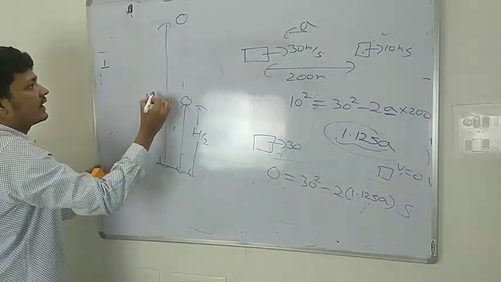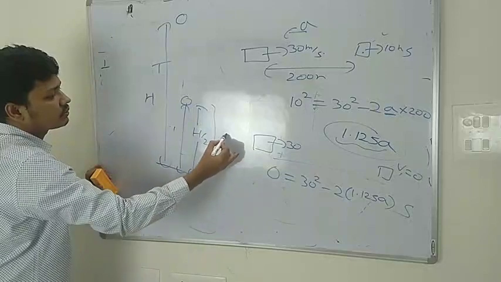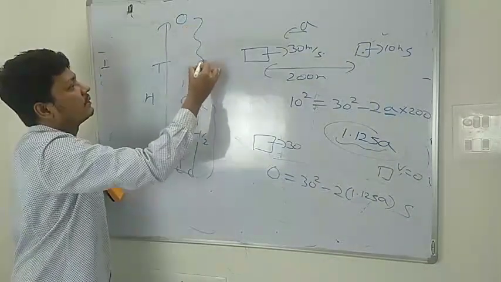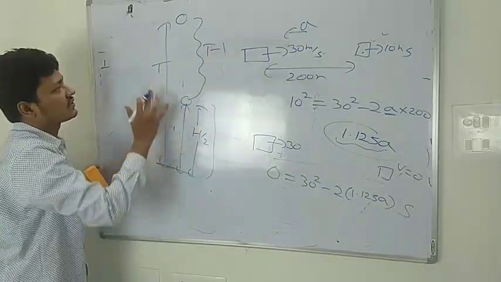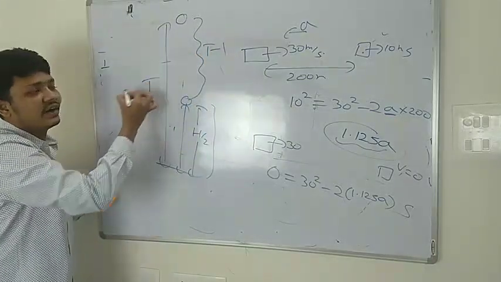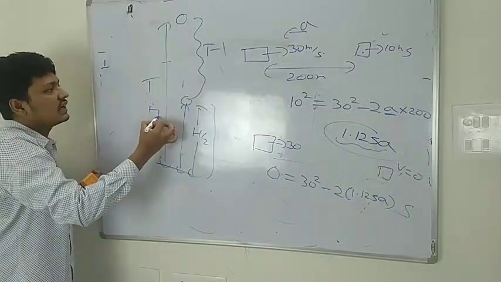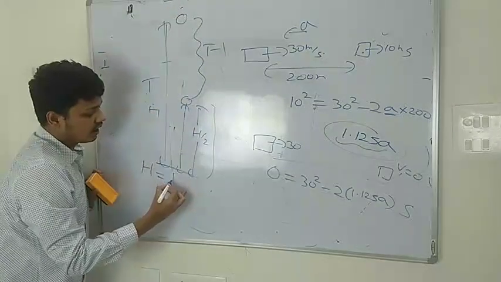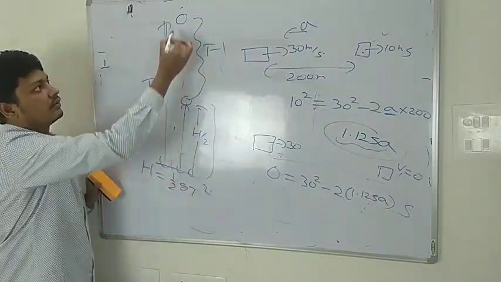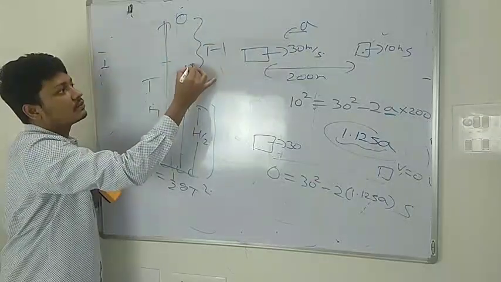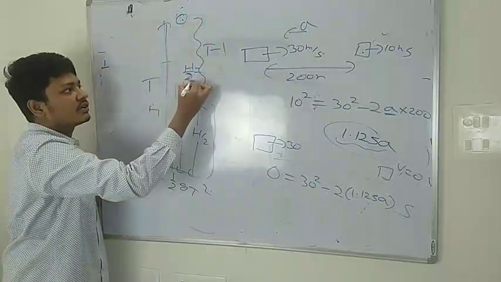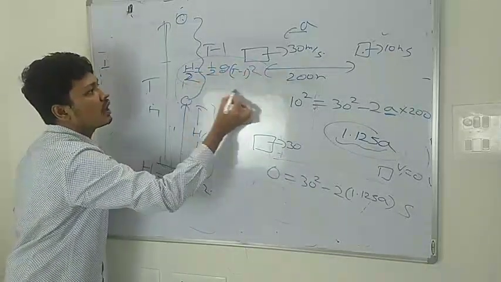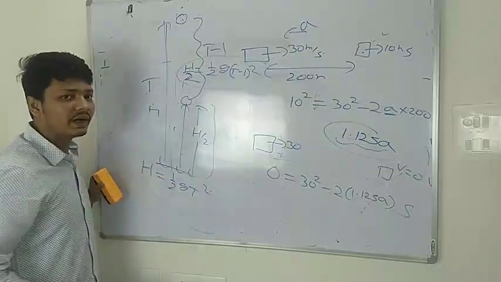Total time taken is t, and in the last second, it covers the path between t minus 1 second and t second. So the total distance covered h equals initial velocity 0 into t plus half g t square. For the distance h by 2, it equals 0 plus half g into t minus 1 square. So this is one equation, and that is another equation. Solve it, get it.